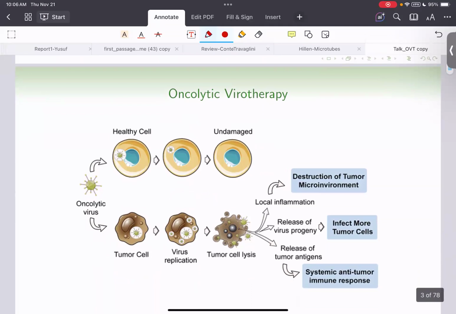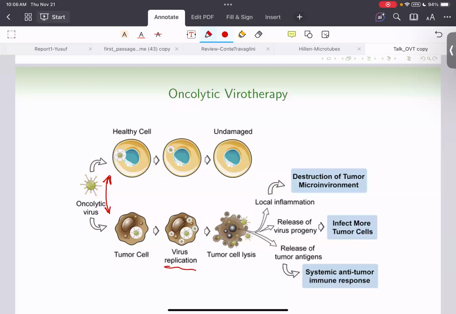So the idea is that the oncolytic virus, starting here, actually infects both. It infects healthy cells and it infects cancer cells. But in healthy cells, the machinery is intact and the virus cannot reproduce. It just infects the healthy cell and then it's destroyed because the healthy cell is healthy. However, in the tumor cell, it might not be destroyed because some of the repair mechanism might be dysfunctional.